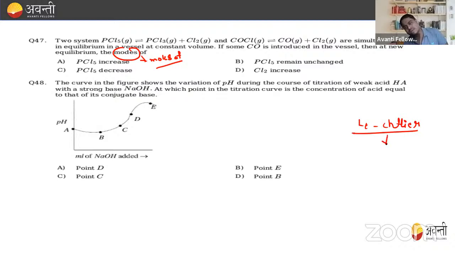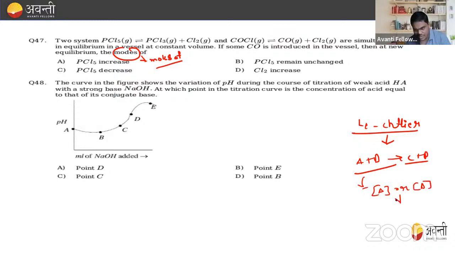According to the Le-Chatelier principle, we know that very well. Suppose this is reactant and this is product, right? So whenever the concentration of A or B decreases, the equilibrium shifts in a direction where it wants to increase the concentration of A and B. Okay, so just try to think in the opposite way.